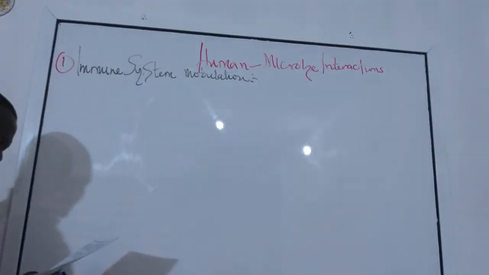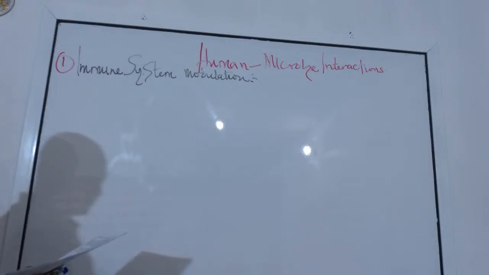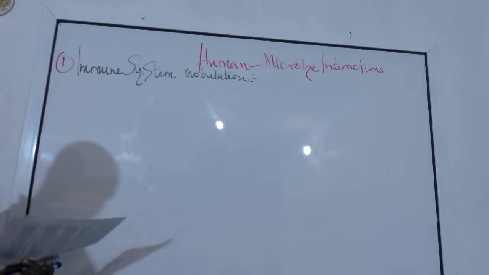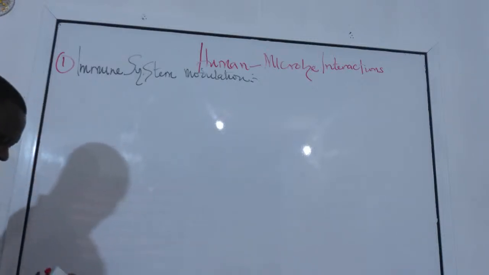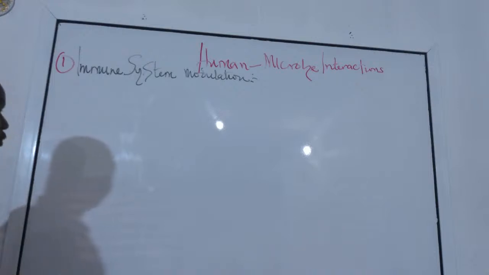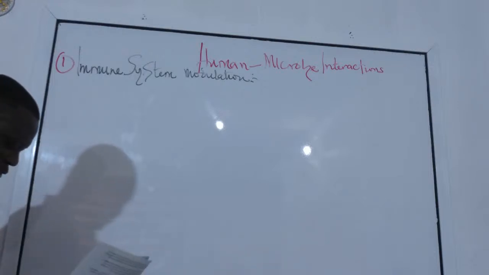Don't forget that the human immune system is very, very complex because it contains different types of cells and tissues coming together to protect the human from the hazard of pathogens.